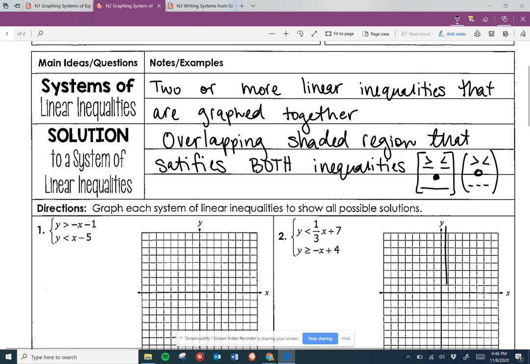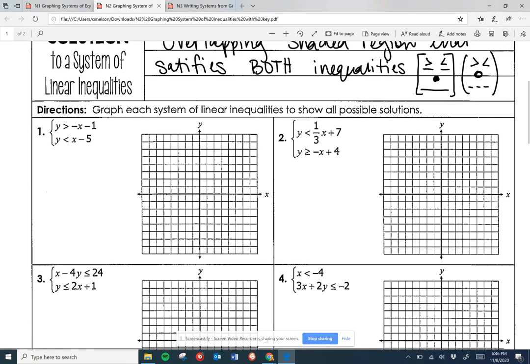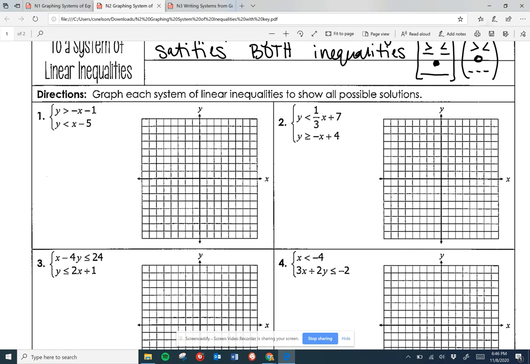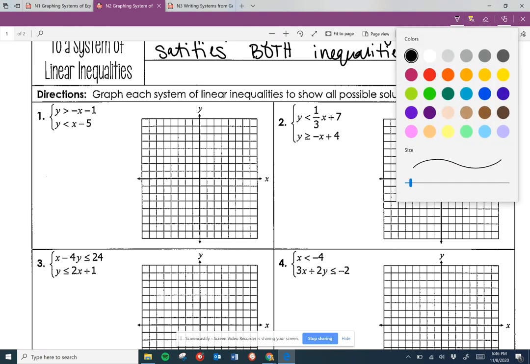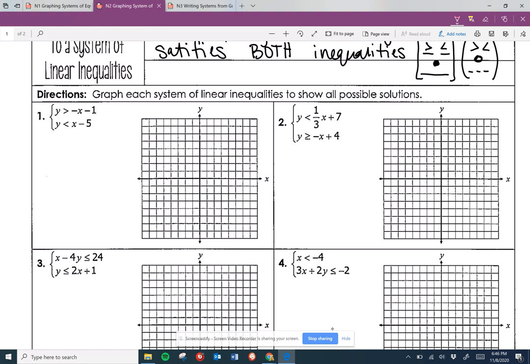Okay, this first one is already in y equals mx plus b, so we don't have to change anything. I'm going to graph the first line in pink. The slope is -1, the b is also -1. So we start here, we're going to go down like this, up. So either go down to the right or up to the left, since the slope is negative, and we do not have that equal to sign.